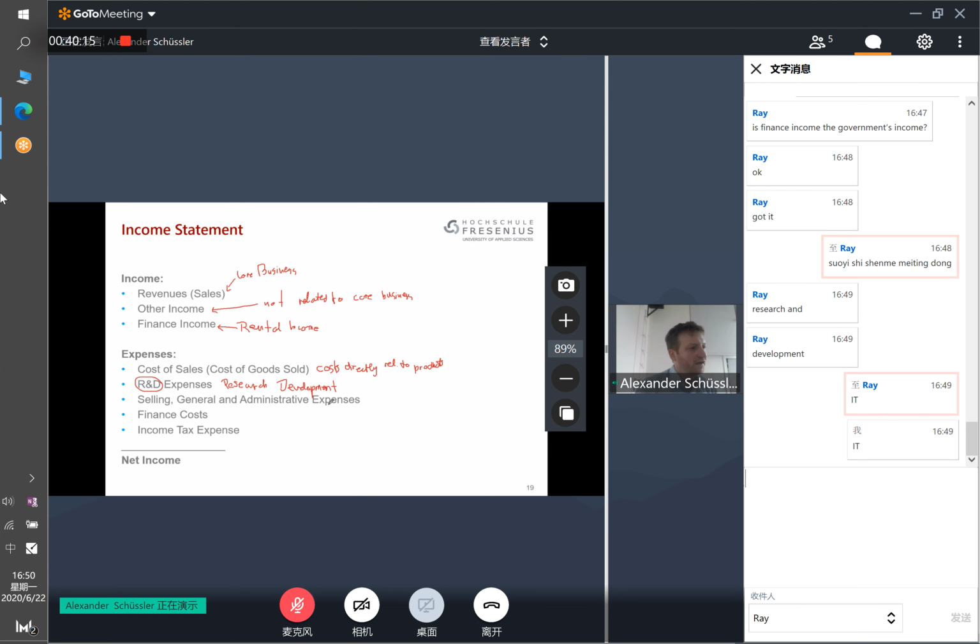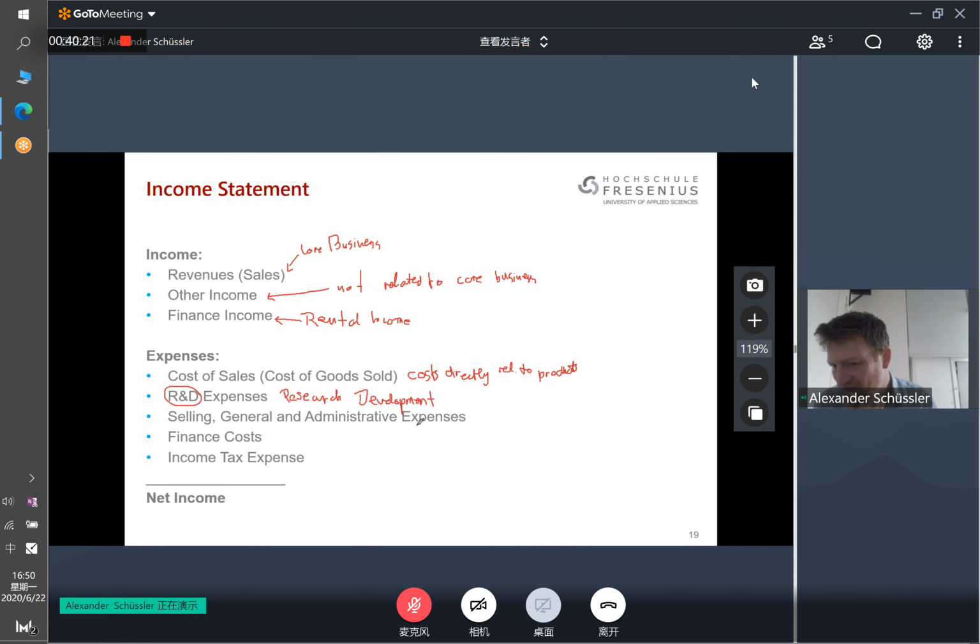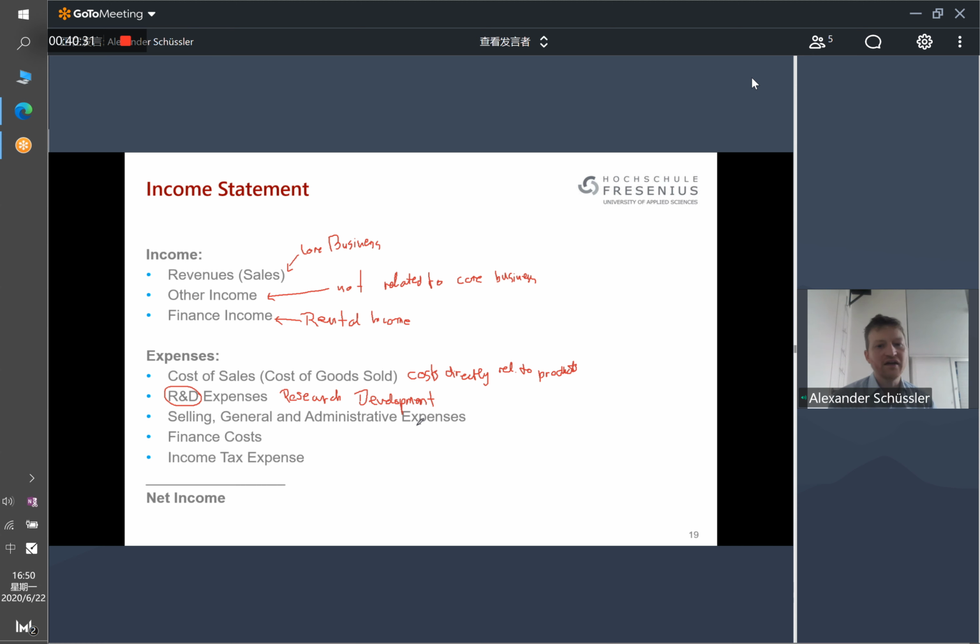And we have selling, general, and administrative expenses. This is, for example, the salary of the CEO. The salary of the CEO is not directly related to products, but it is an administrative or general expense.